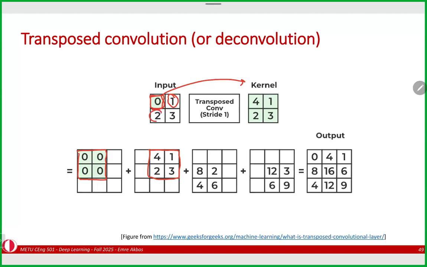Next, 2 is multiplied with the kernel and the values are put in that corresponding location. And finally, 3 multiplied by the kernel, put here in its corresponding location. And if you sum all of these things, this is the output. So this is called deconvolution. It's like a reverse operation of the convolution.